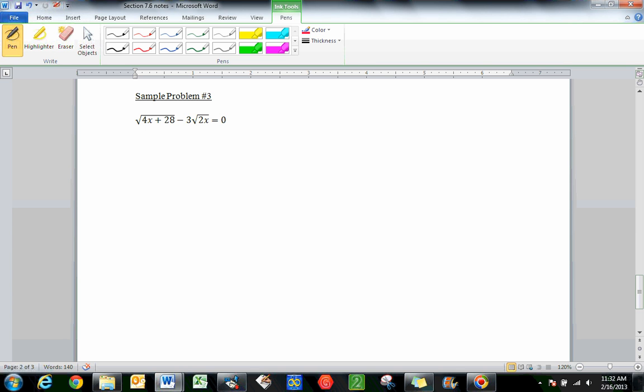Okay, so the first thing I'm going to do is add 3 times the square root of 2x to both sides, which is going to leave me the square root of 4x plus 28 equals a positive 3 times the square root of 2x.